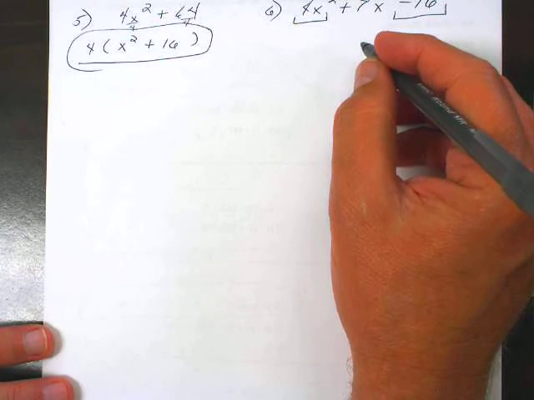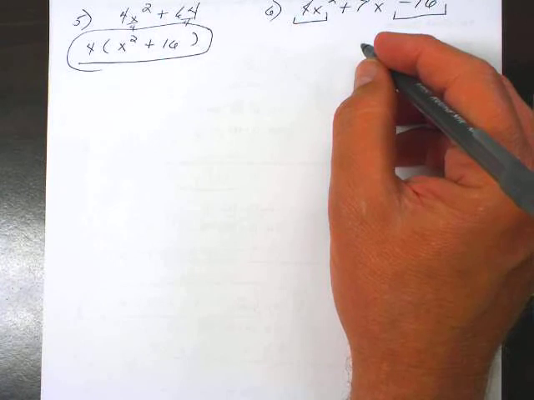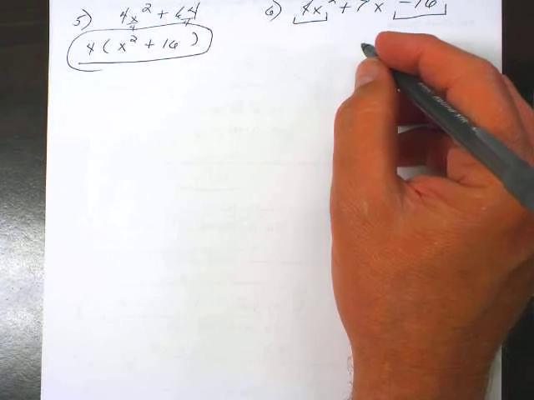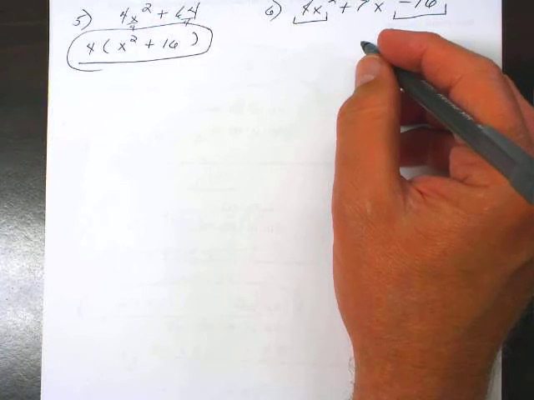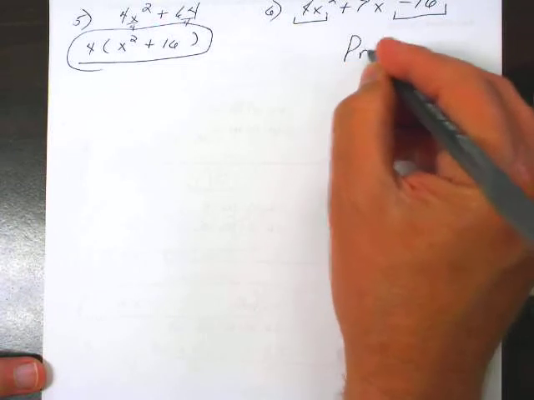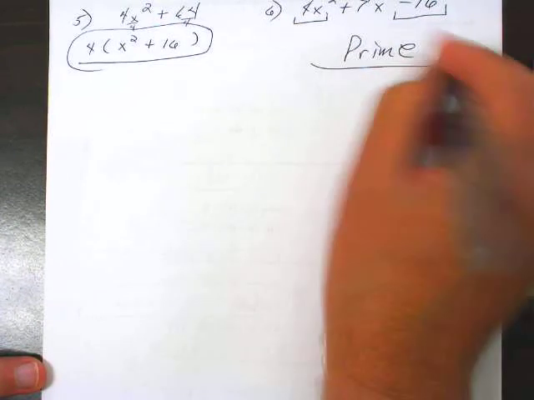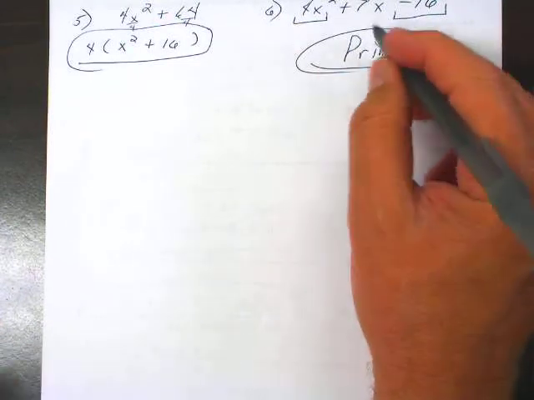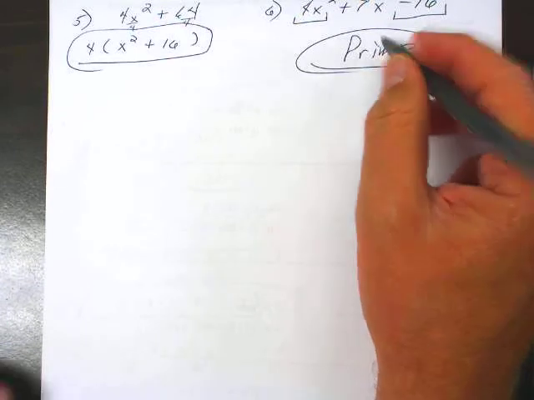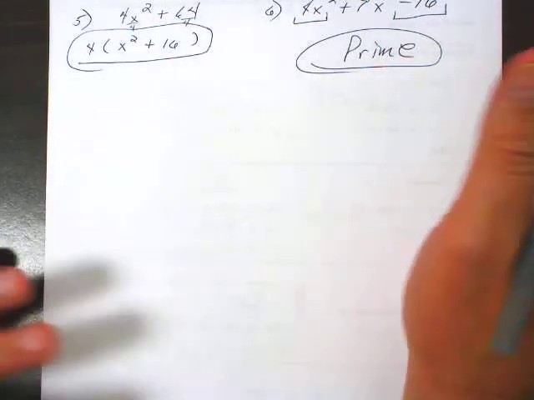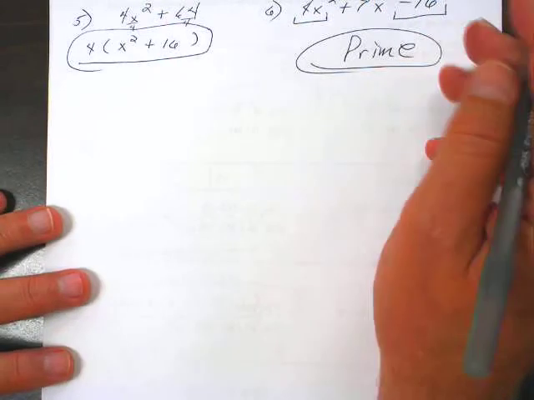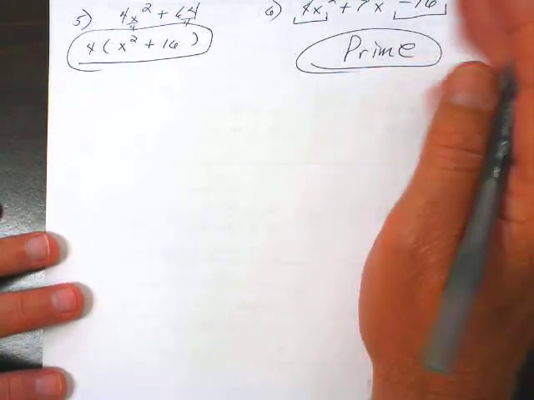For 3 through 6, what does it say up there? If it cannot be factored, in the homework, not the notes, the homework itself, in the book. Oh, you write Prime. Now again, you would not know it's prime until you tried all the different ways to factor trinomials. I just didn't want to take that time to do it because there's lots of combinations we'd have to go through. It's prime.